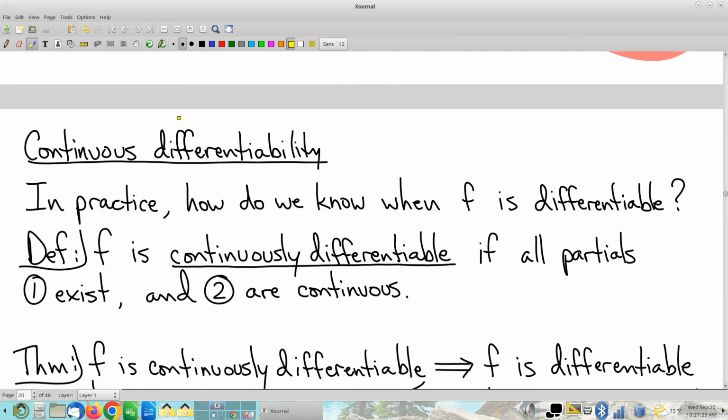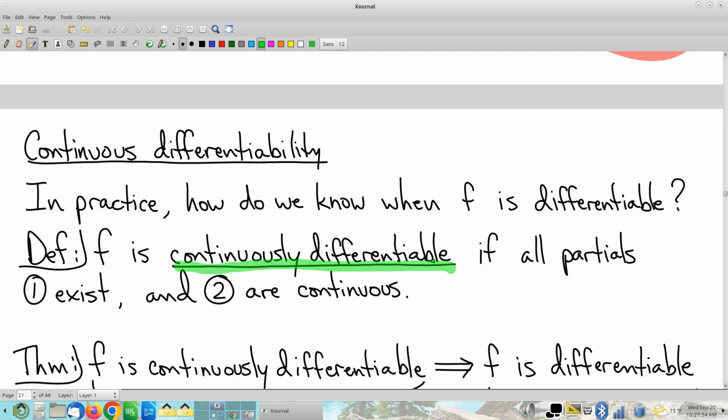Does this mean that if we want to know when a function's differentiable, we're going to have to use that great big bulky definition? Thankfully, in most cases, no. In most cases, there's a much easier way to conclude when a function's differentiable. And it has to do with a related condition called continuous differentiability.